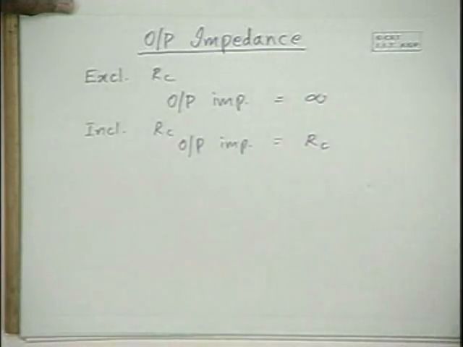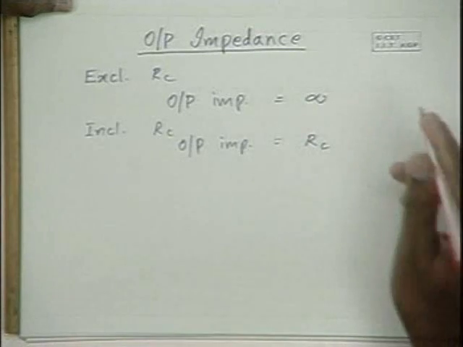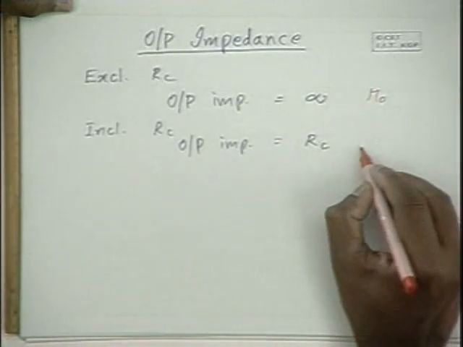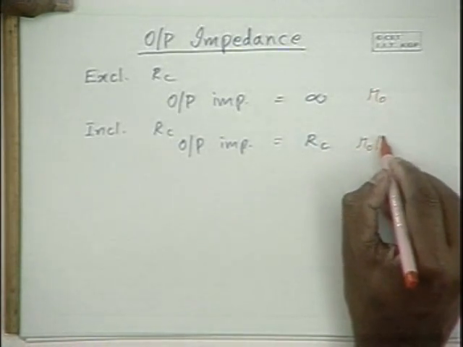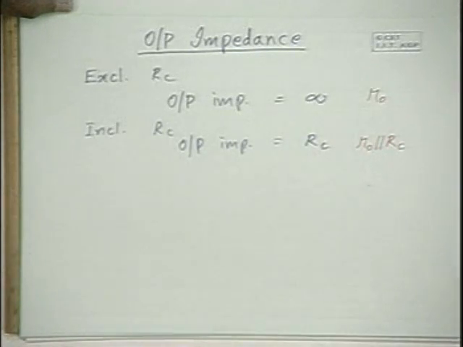If you are going for accurate analysis, including that parallel resistance between the collector and the emitter terminals, this is going to be R0, and this would be R0 in parallel with RC. We got expressions for these, including R0, in the previous class.